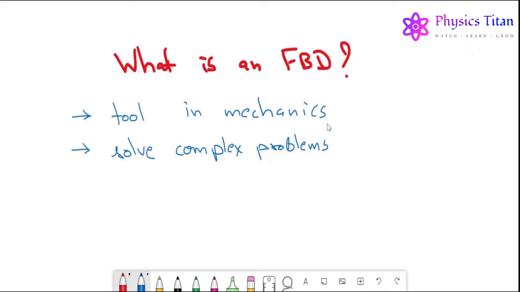What are complex problems? Those problems involving more than one particles. Okay, these are complex problems.